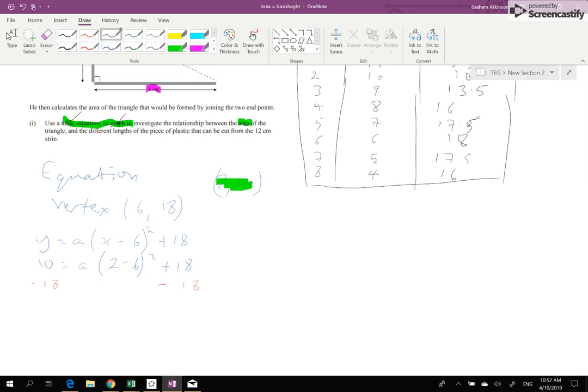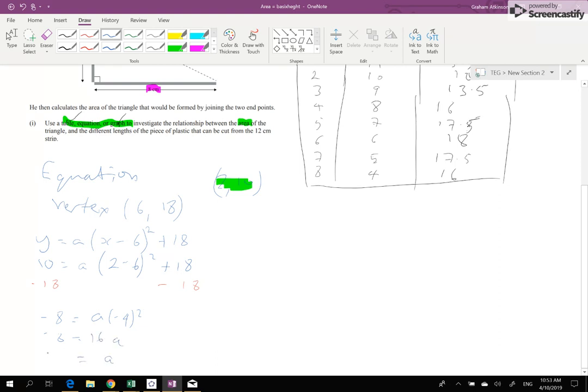And that's going to give me minus 8 equals, right, 2 minus 6 is minus 4. But if I square a minus number, it becomes a positive. So minus 4 squared is 16a.